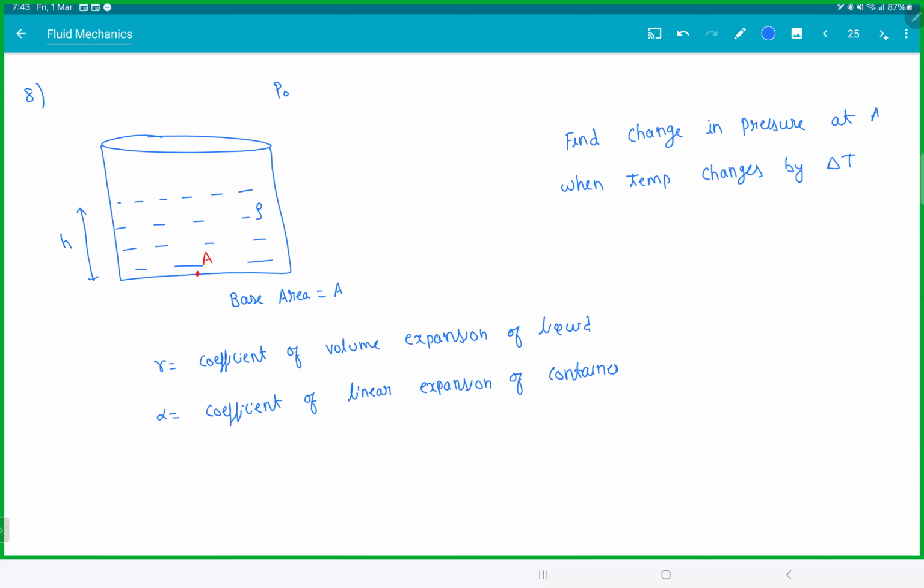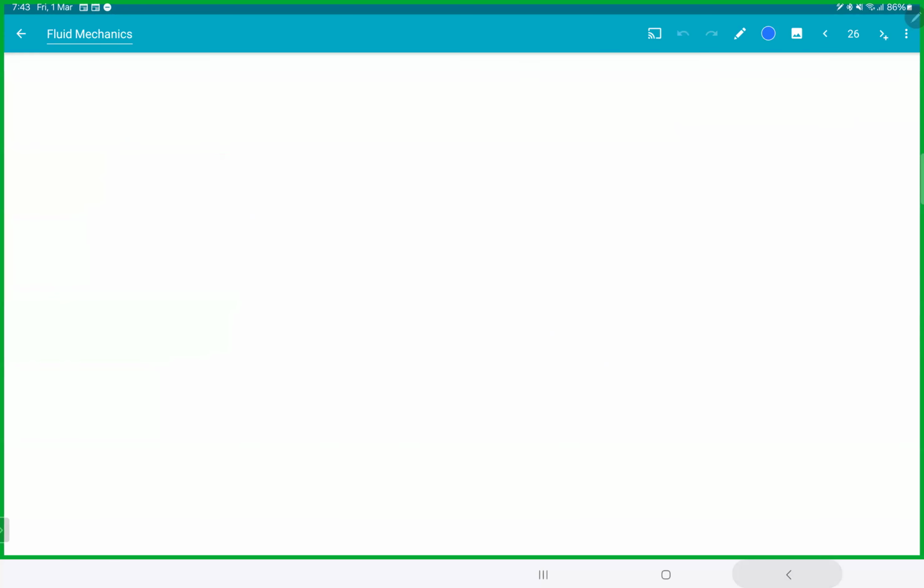In all this drama, what doesn't change? That's the thing you need to ask yourself. In all this drama, what doesn't change? Density changes with temperature. Mass. So initially this will be pressure P naught into area.